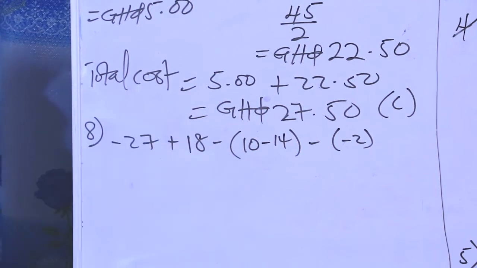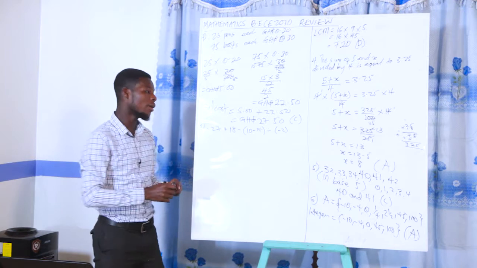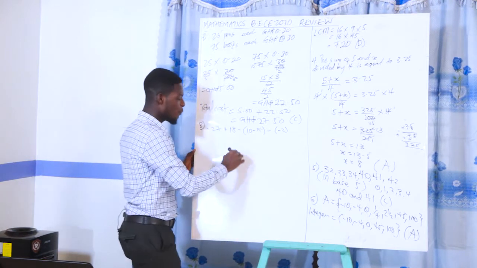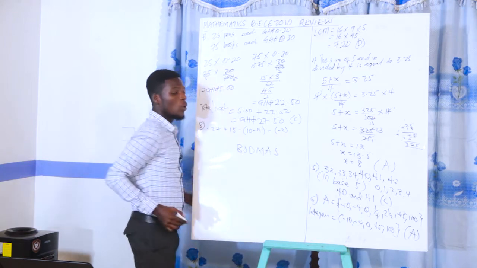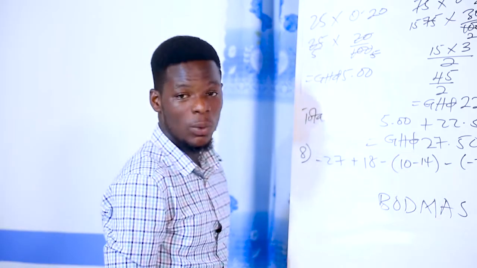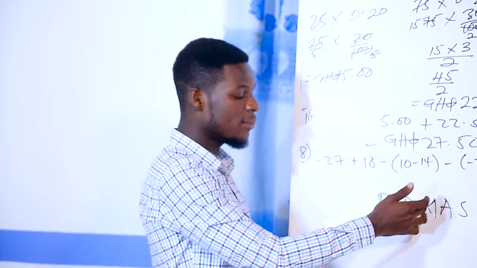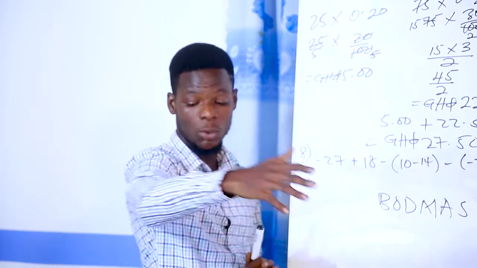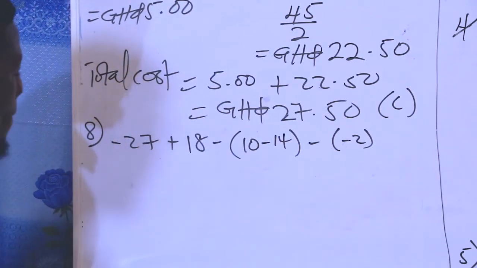Now, to solve this, you have to be very particular and apply the principle of BODMAS, which means that in solving such a question, you have to follow this principle. Brackets first, of, division, multiplication, addition, and subtraction in that order. So we are going to apply that principle in solving question 8.